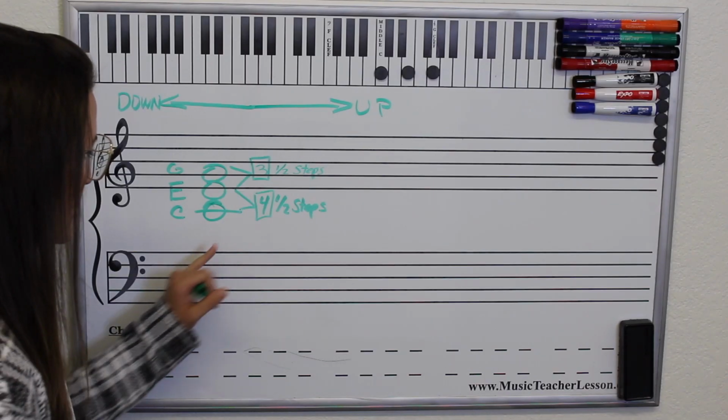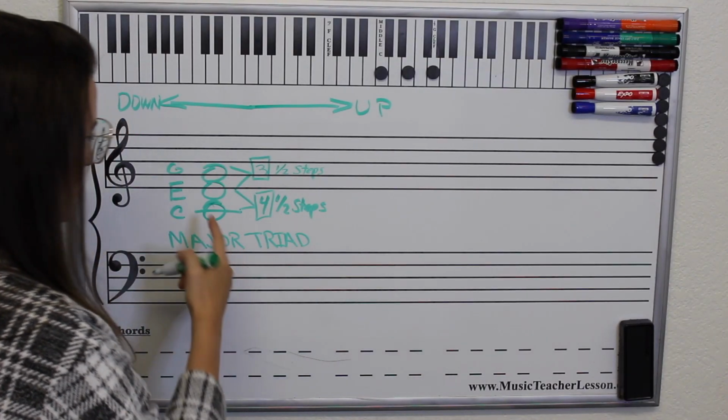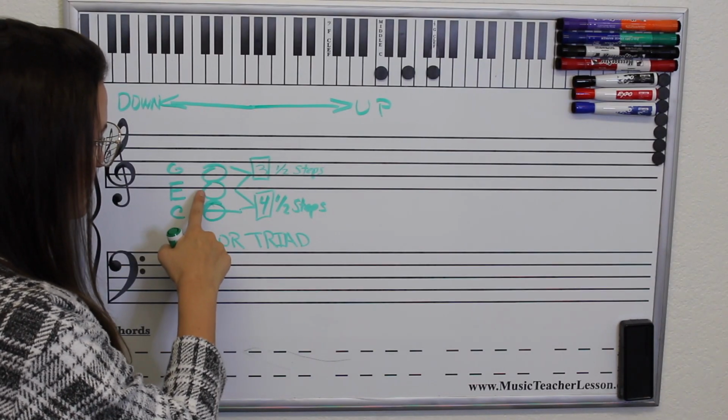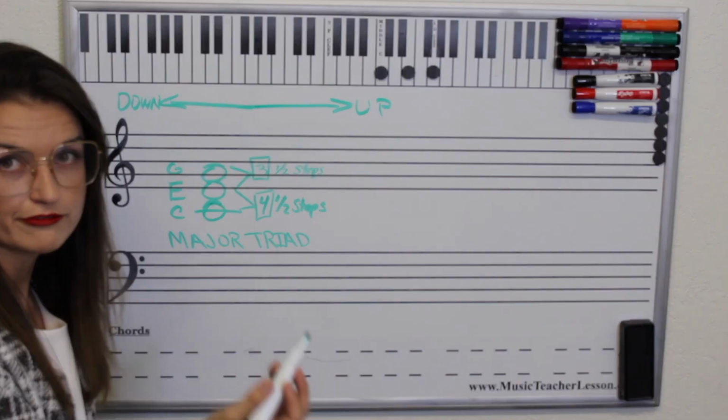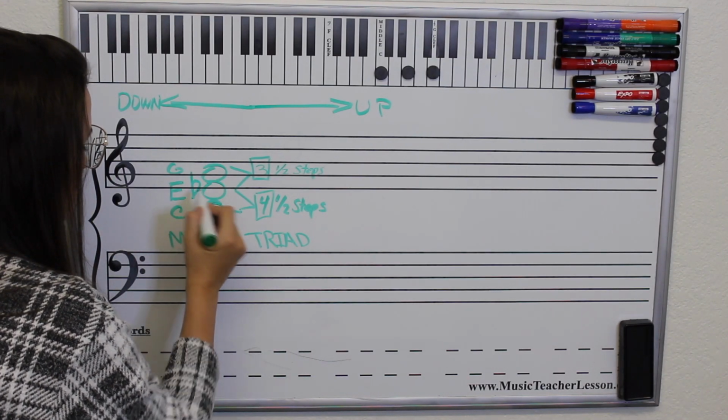This is a major triad. And a minor triad is lowering the 3rd note. So lowering the E, and how do we lower it? We flat it. So we flat the 3rd note, which is E flat.